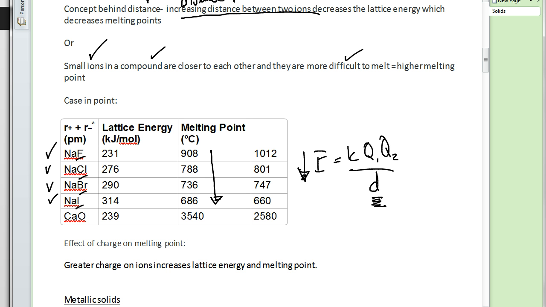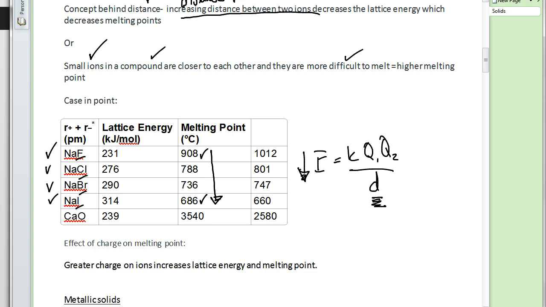You're going from sodium fluoride, which has a 908 degrees Celsius melting point, all the way down to sodium iodide, which is 686. So as students, we should be able to explain why sodium fluoride has a greater melting point than sodium iodide. And the answer would be, well, sodium iodide has a greater distance between the two ions. Okay?